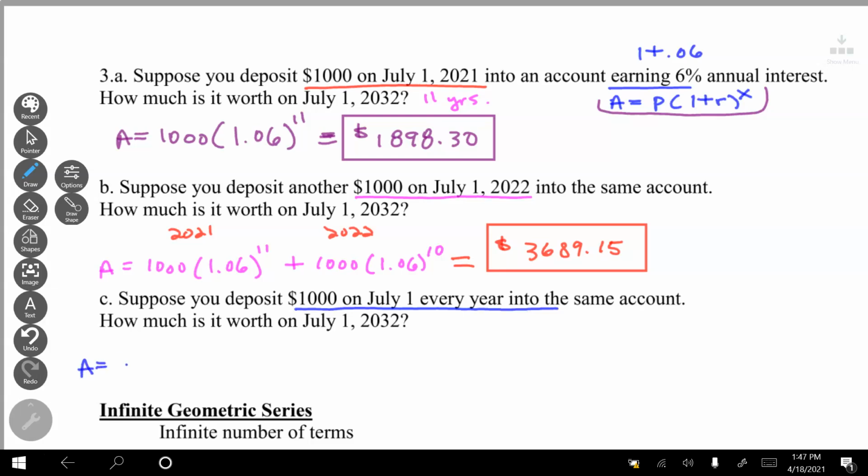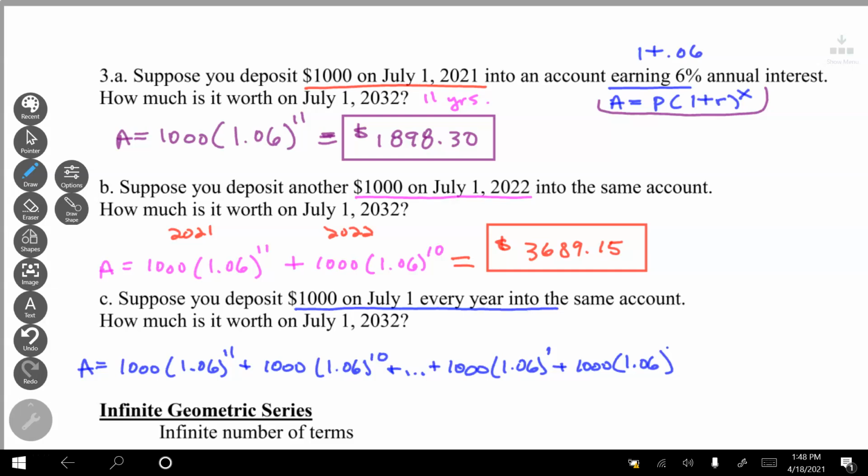So my account is going to have $1,000 times 1.06 to the 11th from 2021, plus $1,000 times 1.06 to the 10th for 2022, plus $1,000 times 1.06 to the first for 2031, plus $1,000 times 1.06 raised to the 0 for when you put $1,000 in the year 2032.